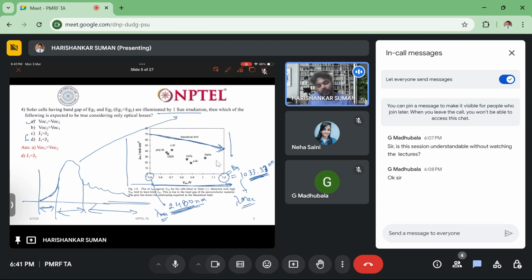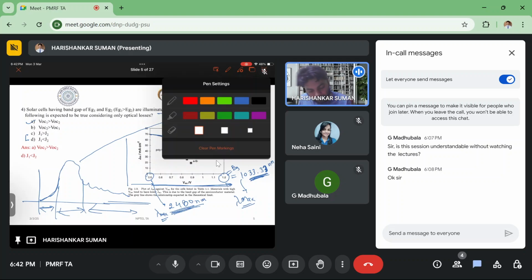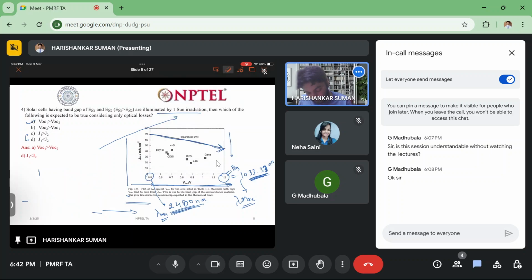So the 1.2 eV band gap has a lower window of the spectrum. Let me give you a note.